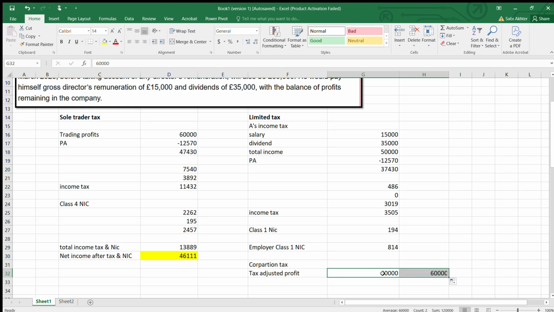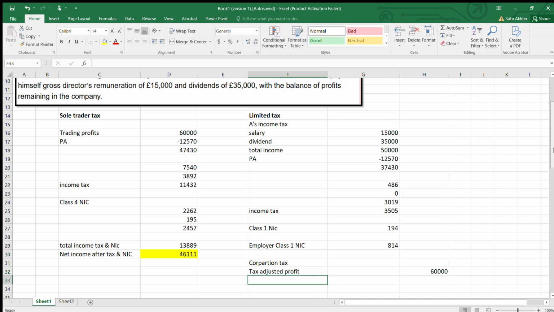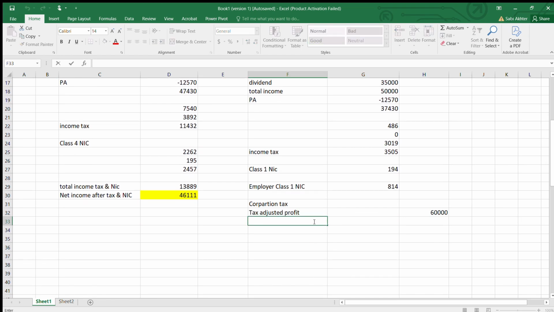I'll write in the next column. Here I'll do the working. Now, deduct. Remember the director's salary and all, you can take as an expense. Okay, the director's salary and employer's NIC.